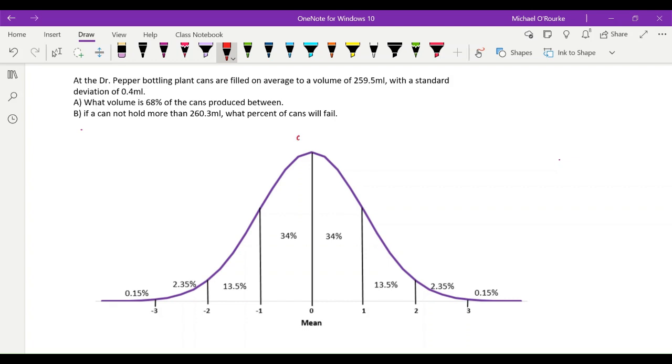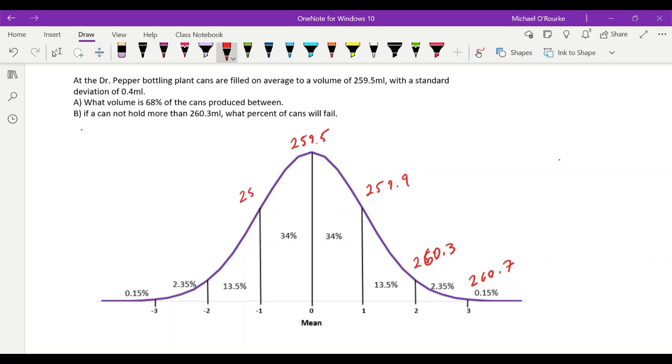Okay, I'm going to do here 259.5, 259.9, 260.3, 260.7.